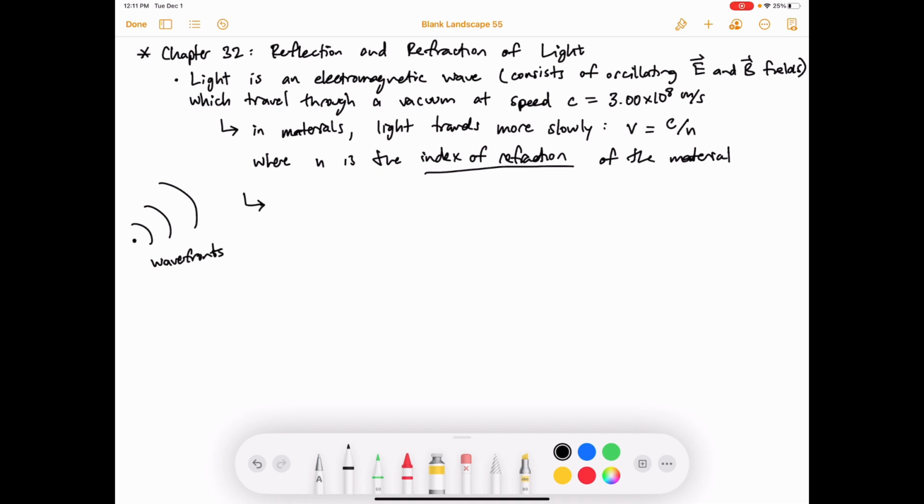Specifically, what we're showing here when we draw a wavefront is that a wavefront indicates a set of points on a wave that are in phase with each other.